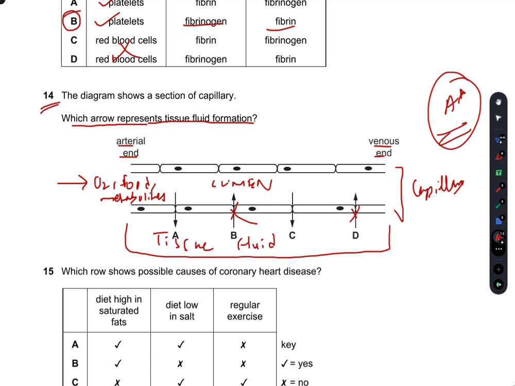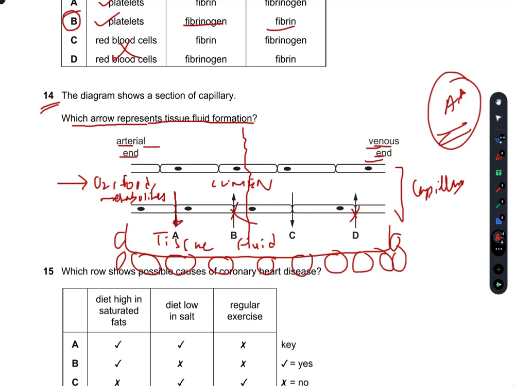These oxygen and food metabolites move from the capillary to the tissue fluid, where these circular balls, suppose, are the cells. So among A and C, you might ask why C is incorrect. Suppose this is the arterial end and this is the venous end.